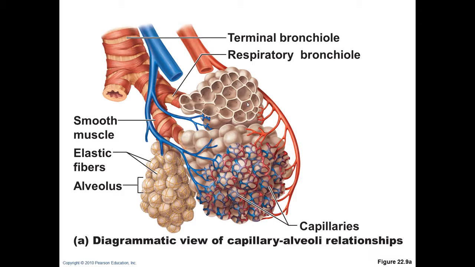So this is another view from your textbook of a cluster of alveoli, these little tiny air sacs in the lungs. And here you can see some of those pulmonary arterioles that are bringing deoxygenated blood. Remember, the arteries and arterioles in the pulmonary circuit have the deoxygenated blood, and they bring it to these capillary beds that wrap around the alveoli.